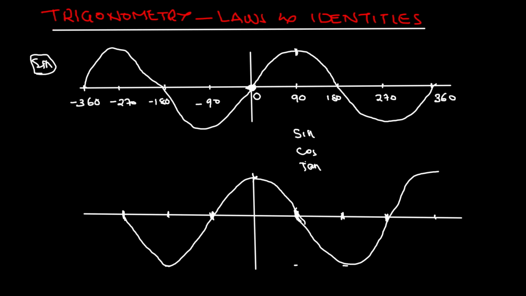So we're saying that sine 0 degrees is equal to 0. You'll see that this graph is 0 when it's passing here. This is a graph of sine theta, and when it passes the origin, the value is 0. What is sine 90?